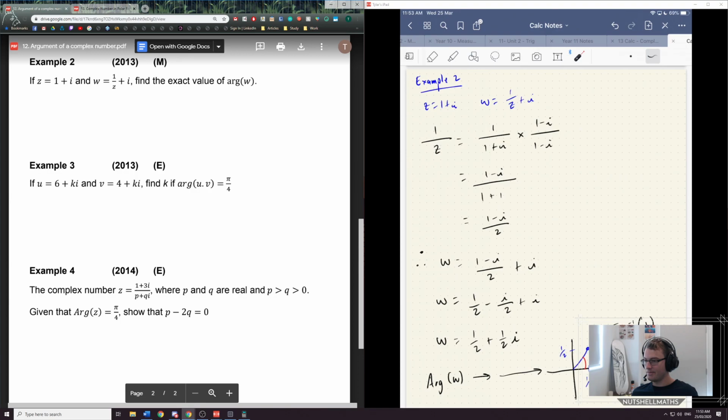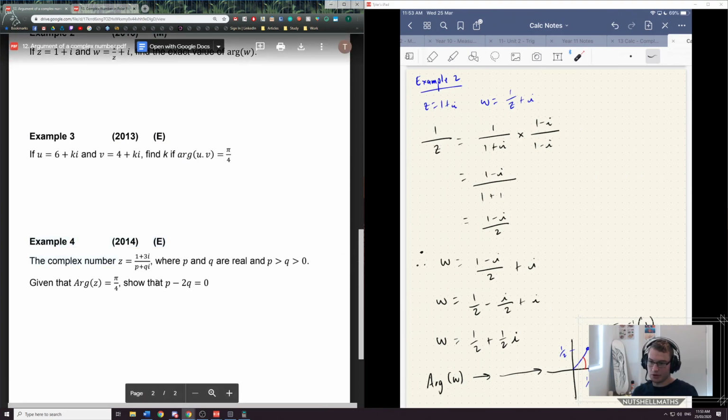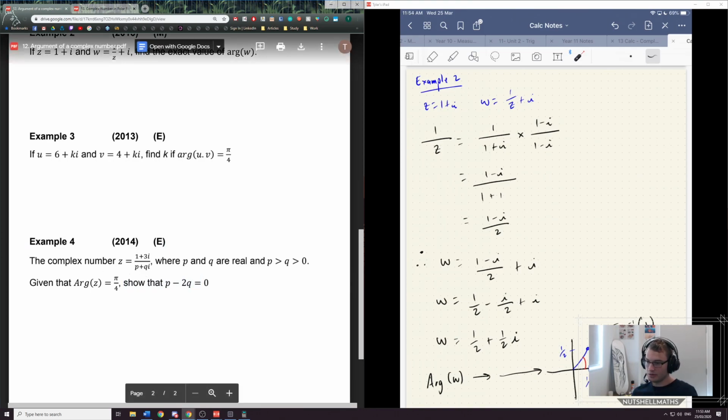I've only told you the answer so you can double check. Question 3, the answer is 2. k equals 2. And question 4 is a proof, so you can just figure it out. This one's actually easier than it looks. Both of them just took me 1 page of working.